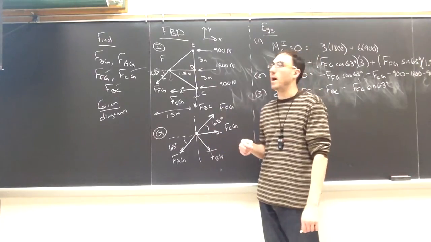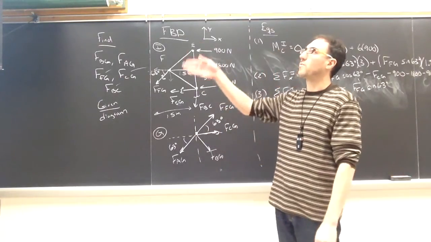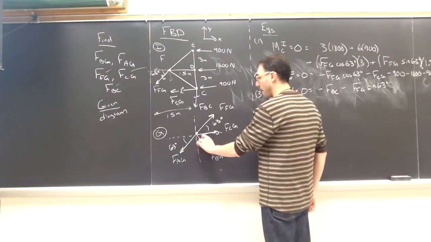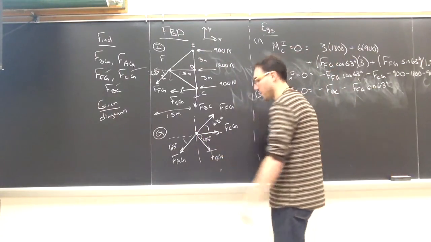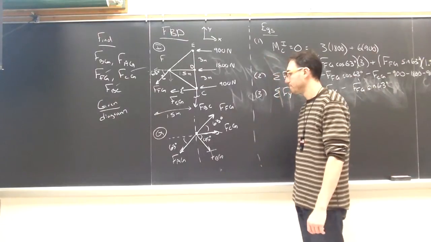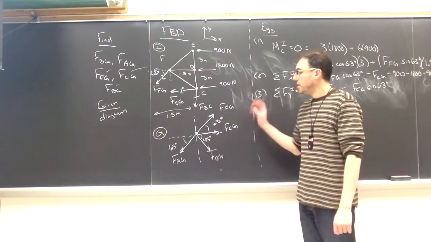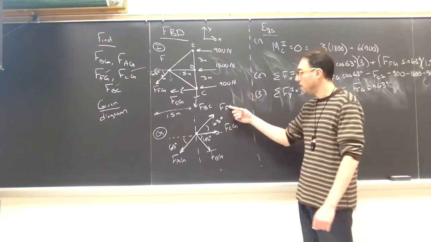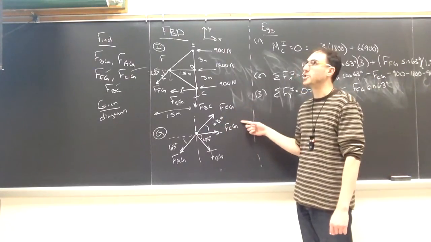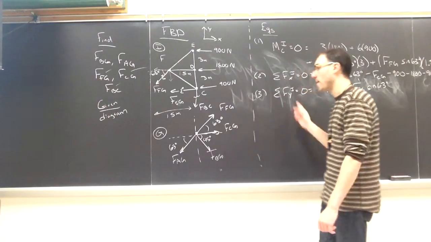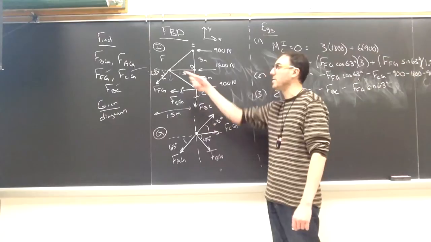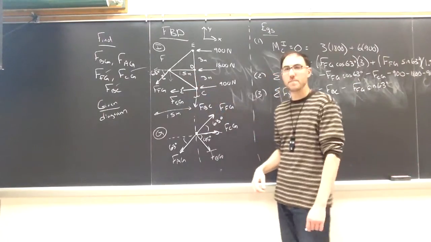If I look at my triangle, it goes to the right by 3 and it goes down by 3. So this is actually a 45-degree angle for FBG. So in the picture I have 4 forces acting at G. There's no external forces. FFG I know and CG I know from the previous step. So when I write the equations, then I'll be left with only really 2 unknowns, the 2 left that I need to find.